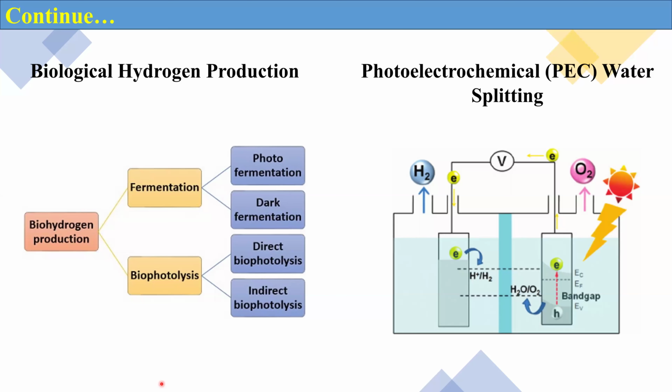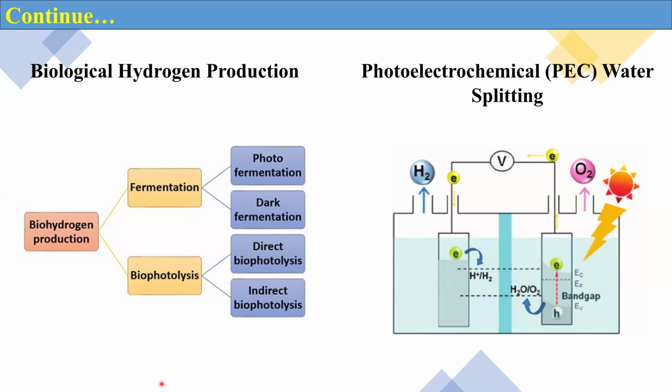Water splitting. Within this, sunlight absorption is required, which strikes the photoanode. It excites the electrons within it, and based on the semiconductor material, an electron-hole pair is created, and the water splitting reaction takes place.